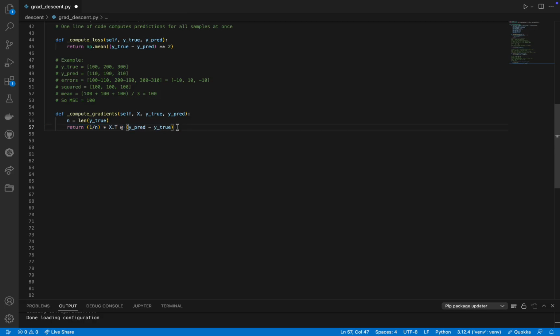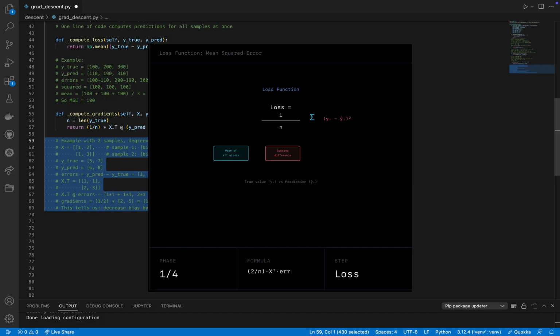The gradient tells us this: if I increase a particular coefficient slightly, how much does my error change? Should I increase or decrease it? And by how much? That's what this calculation gives us. And let me explain the math intuitively. So our loss is the mean of all the squared errors.